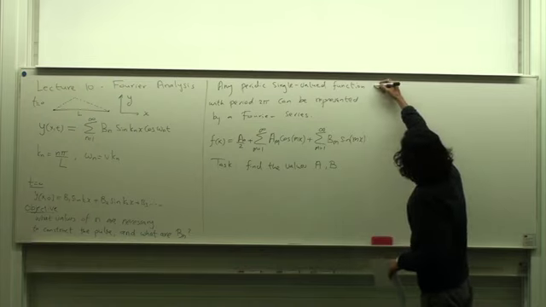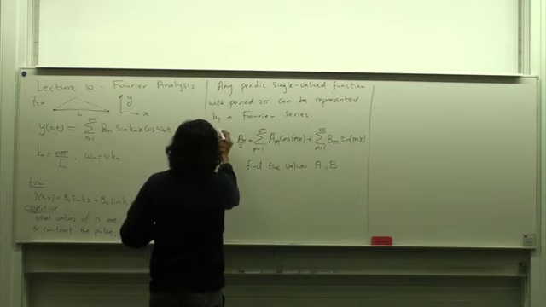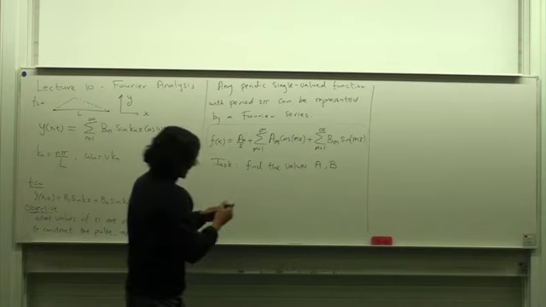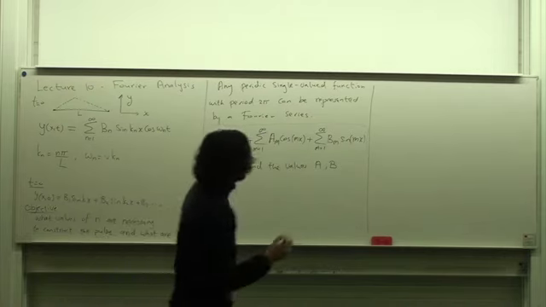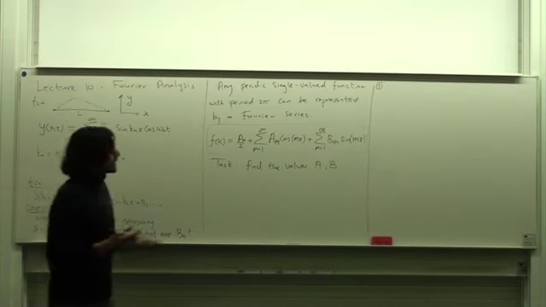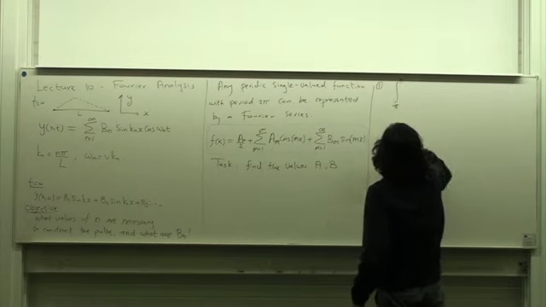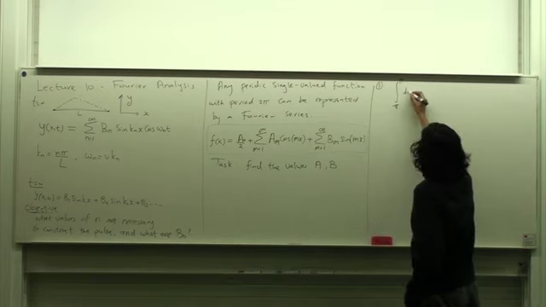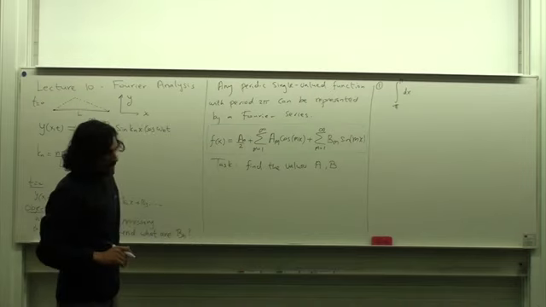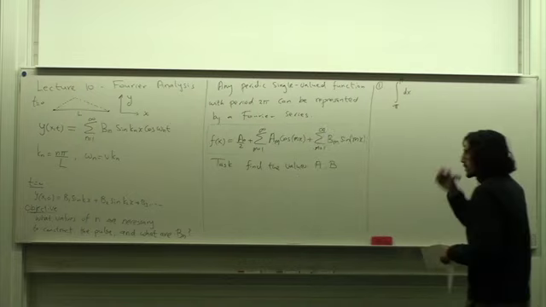First step, we take this function and we integrate both sides from minus pi to pi dx. So we integrate this side and we integrate the right side. Now look what we would have.